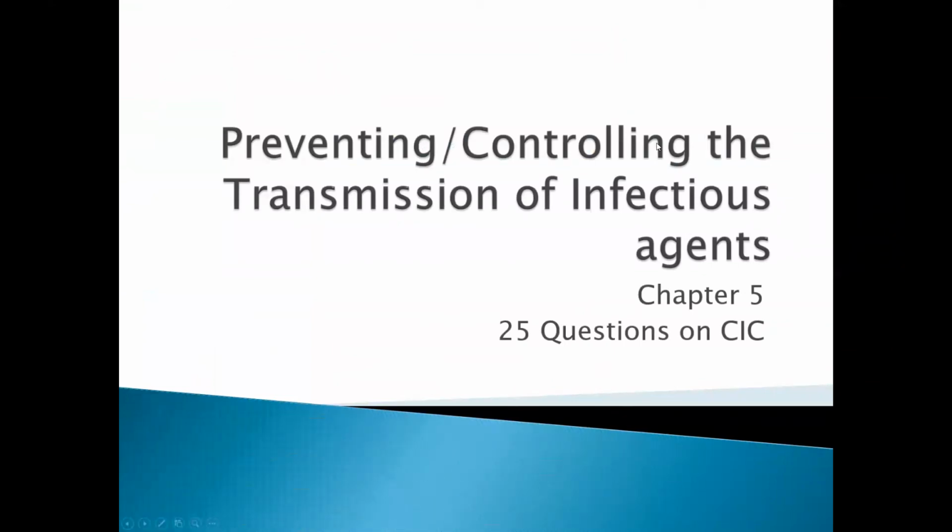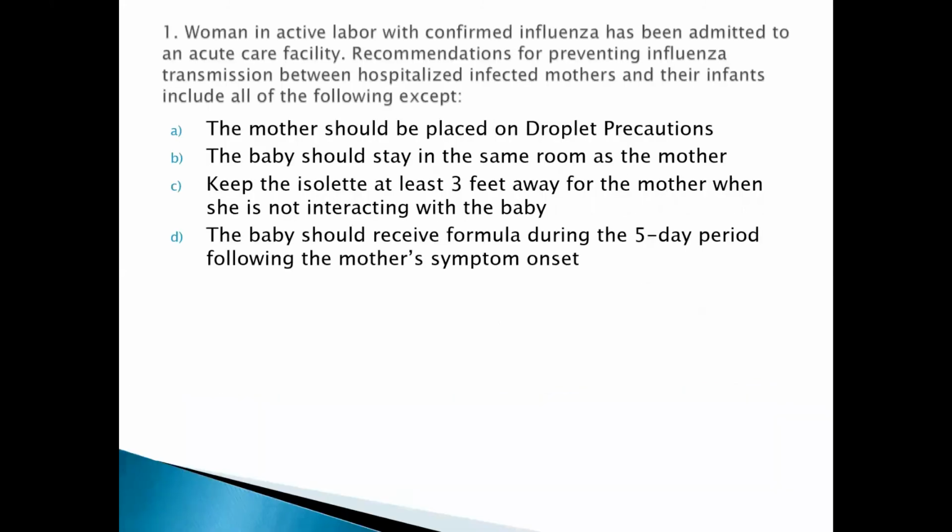Alrighty, can everyone see the Preventing and Controlling the Transmission of Infectious Agents? Great, okay. So this section, chapter 5, has about 25 questions on the CIC exam, and we'll go through 50 on this one. So, number 1, a woman in active labor with confirmed influenza has been admitted to an acute care facility.